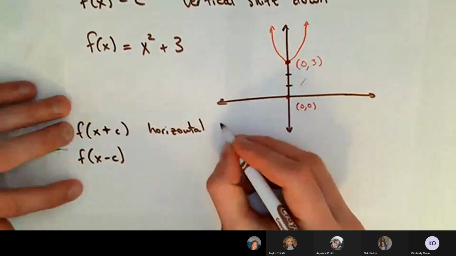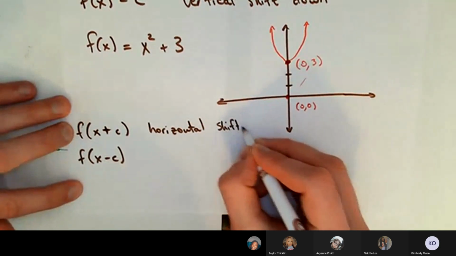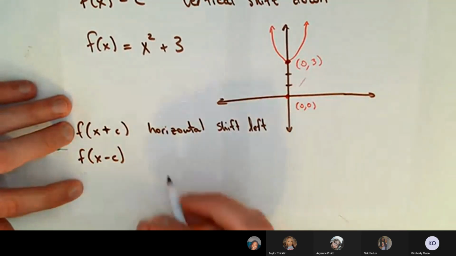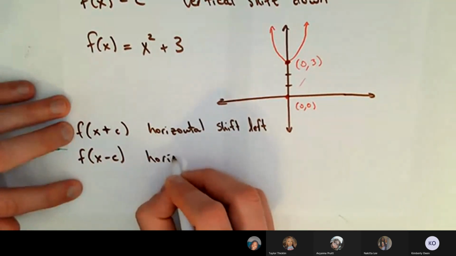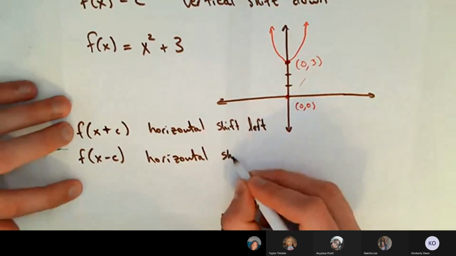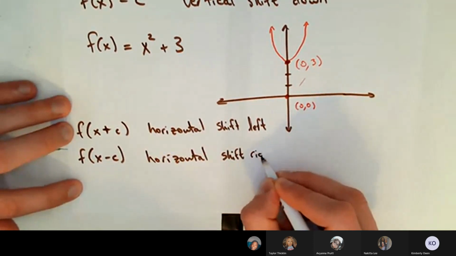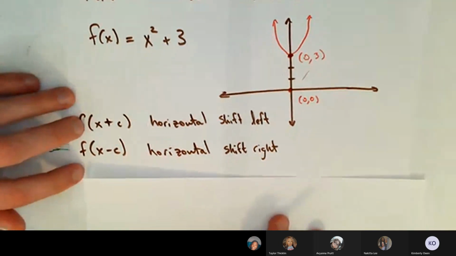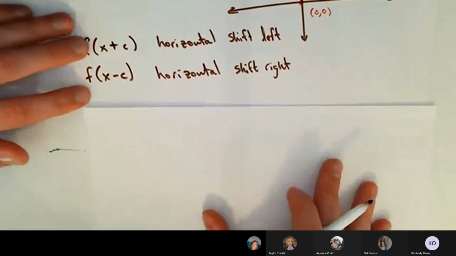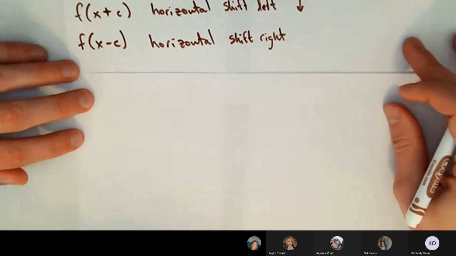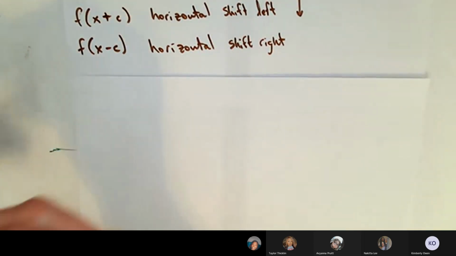When you add inside, it's a horizontal shift left, like into the negatives, which is counterintuitive, I know, but that's how it works here. And for f of x minus c, that's a horizontal shift right. I know I'm going fast, but remember, if you missed Wednesday's lecture, then after this, you can go back and see all this stuff in much more detail.